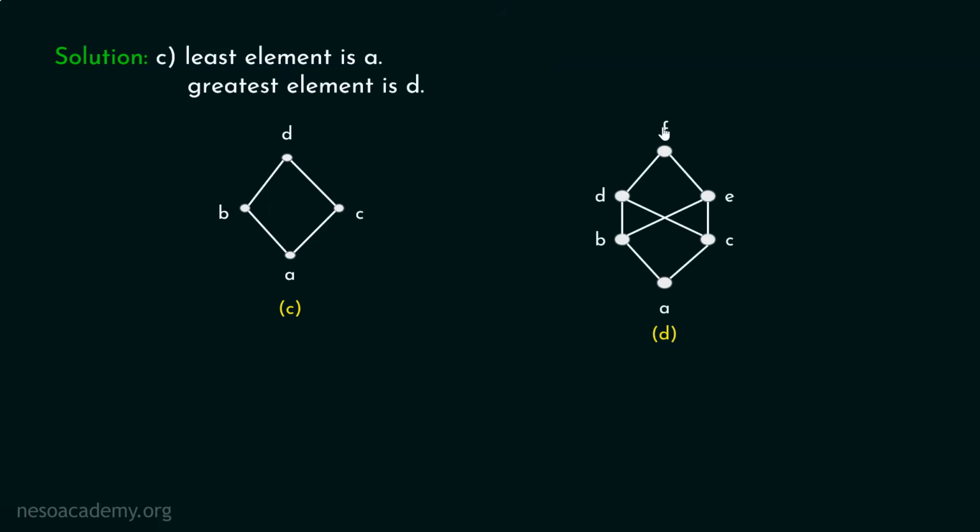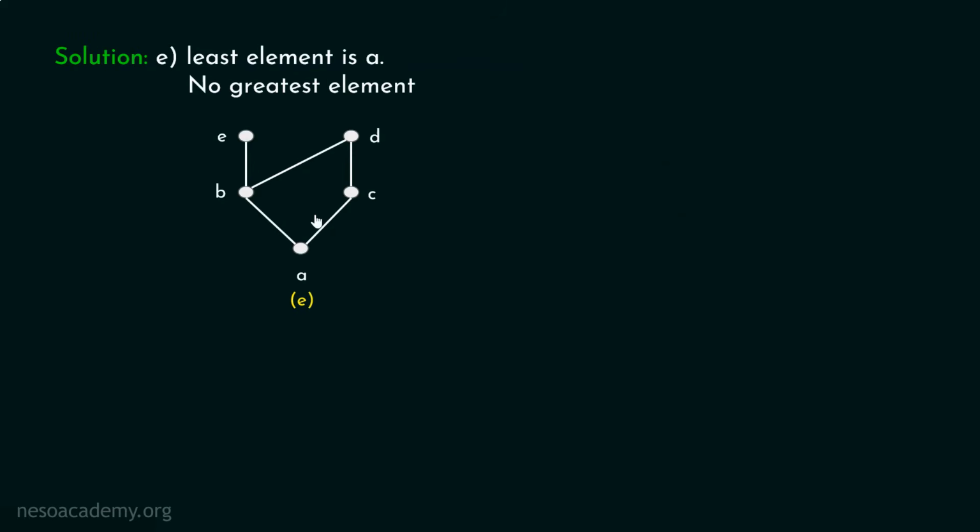In figure D, you can see that A is the least element and F is the greatest element. A is the least element because A is related to every other element. You can check this. While F is the greatest element because every element is related to F. Therefore, least element is A and greatest element is F. In figure E, you can see that A is the least element but there is no greatest element, right?